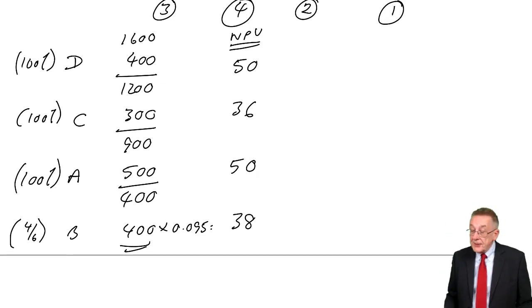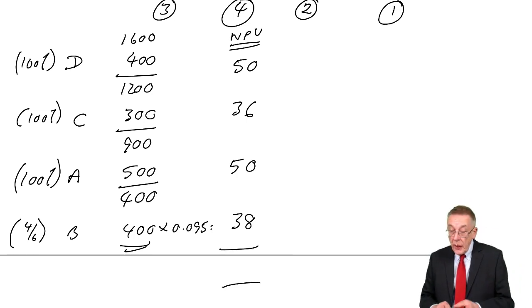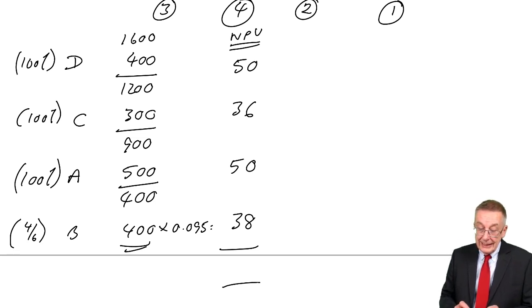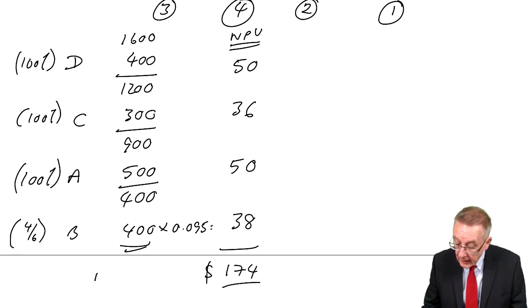So there's how we'll invest. And as a result, what is the maximum NPV? 50, 36, 50, 38. 174. There is the maximum NPV.